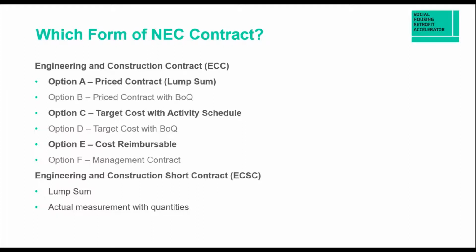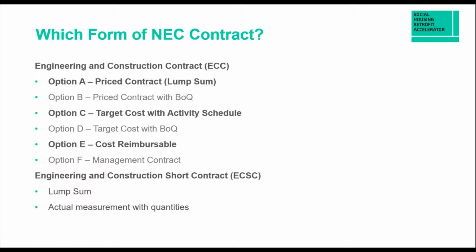In terms of pricing mechanisms, the ECC is designed to have a bank of core clauses, and they're then supplemented by the particular commercial model that's chosen. So the NEC ECC has 6 main options in terms of the commercial model, but the most commonly used are the ones you can see there, which we've highlighted, that being option A, which is the lump sum, option C being the target cost.